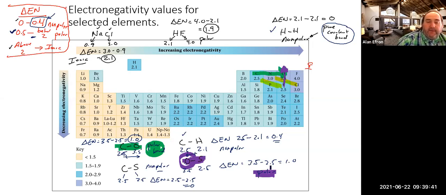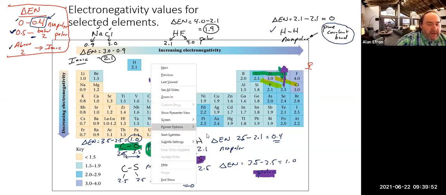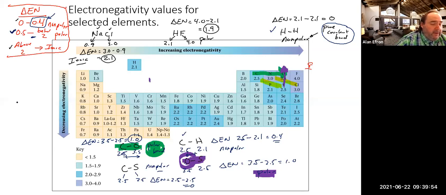Any questions on how to use electronegativity values here, just so we're clear? There are two types of polarity that we talk about when we talk about bonding. One is molecular polarity, but really what we're talking about here is what is sometimes referred to as bond polarity.